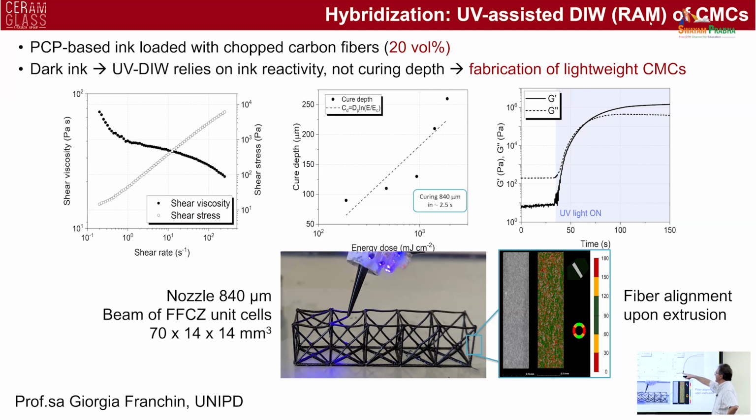And you can see that the rheology is such that when you apply the UV, then you have a strong increase in the viscosity, which is what you want to enable the retention of the shape. They also measured the fiber alignment upon extrusion using tomography.